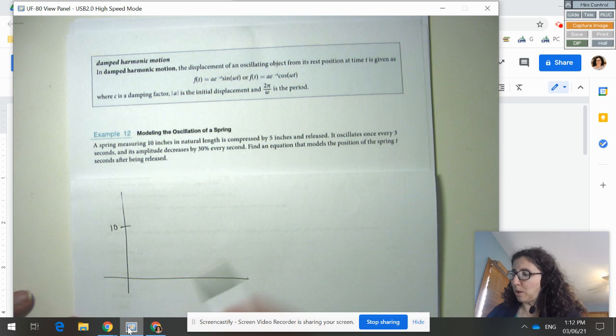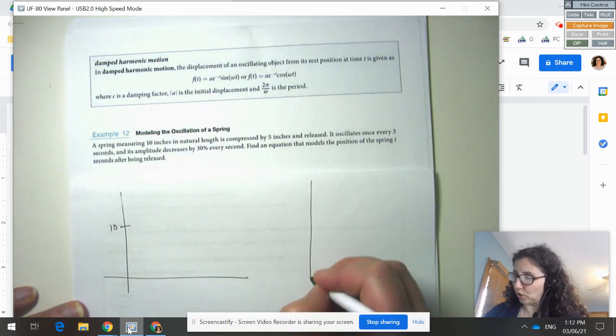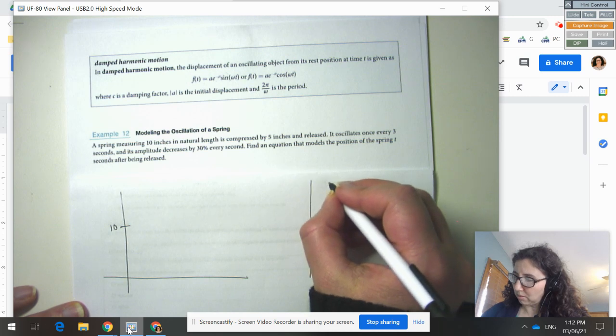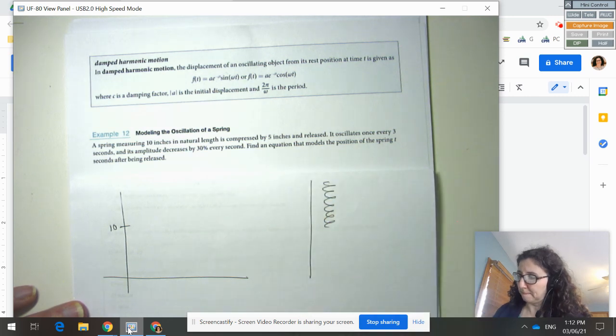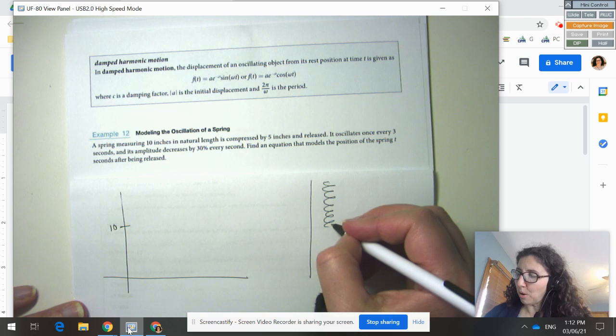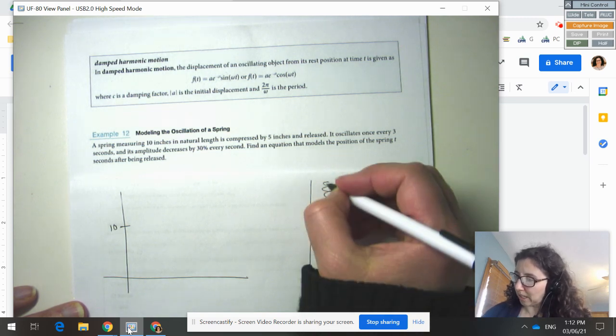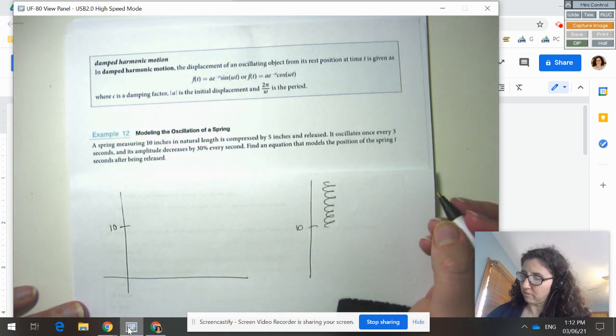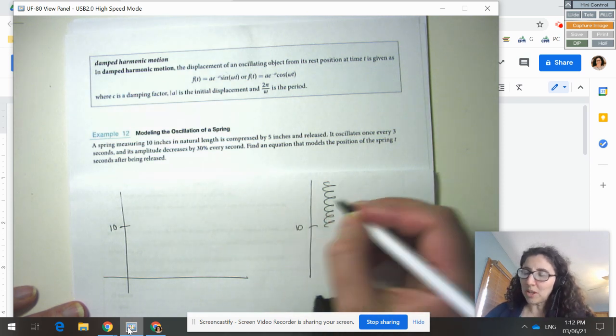So let's see, how do we want to measure this? Let's just think of what this looks like. Here's our spring. How are we going to measure this? Normally it's 10 inches. So here's 10 inches. We can measure this two ways.